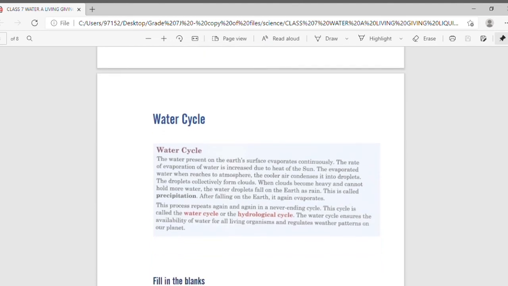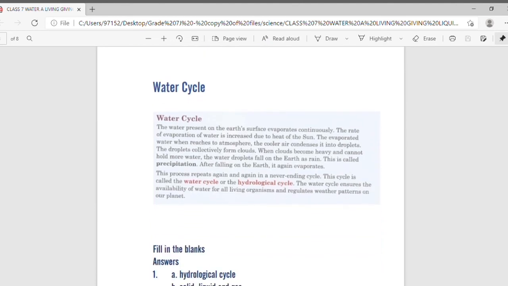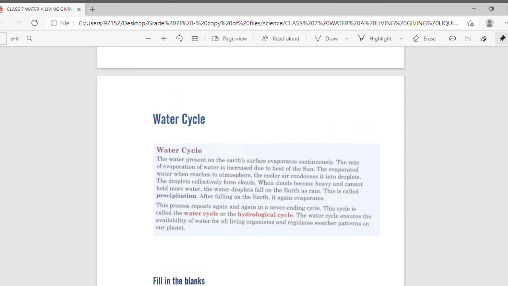Okay, children? Now we go to water cycle. Water cycle. We have learned this so many times, isn't it? Water present on Earth's surface evaporates continuously. The rate of evaporation of water is increased due to heat of sun. The evaporated water, when it reaches the atmosphere, the cooler air condenses into droplets. These droplets collectively form clouds.